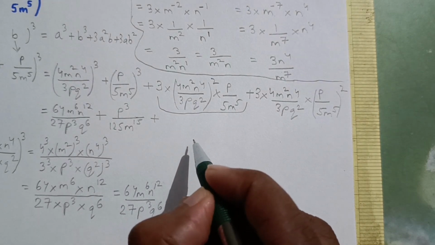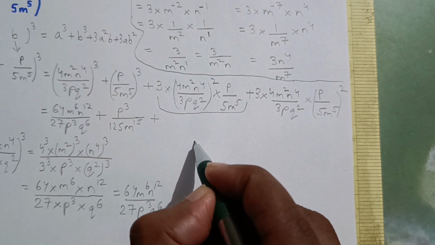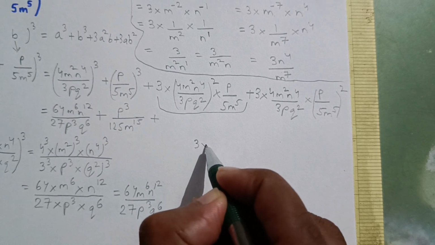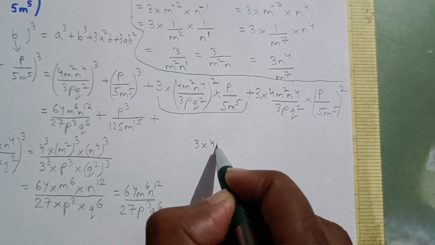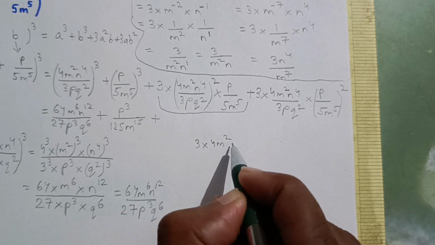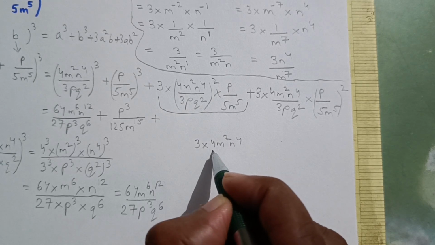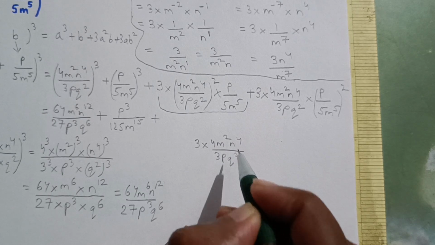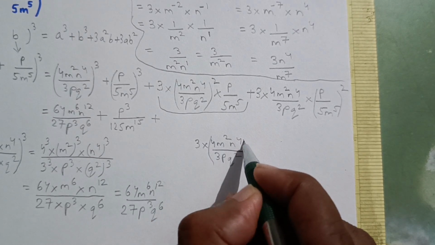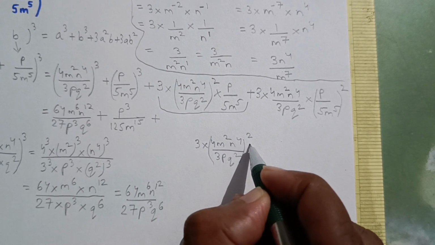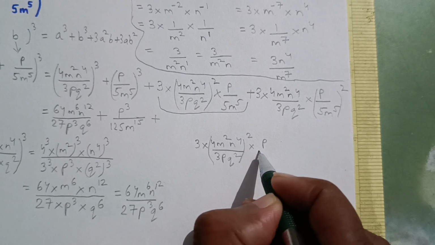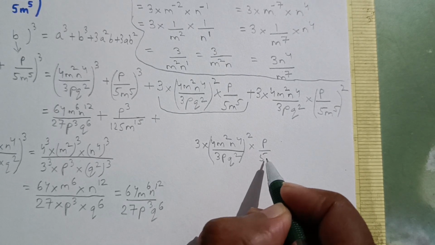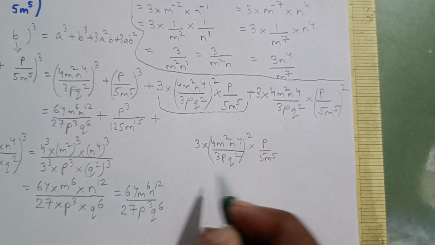Okay, so I will write it down. 3 into 4 m square n to the power 4 upon 3 p q square, this is whole squared, into p upon 5 m to the power 5.